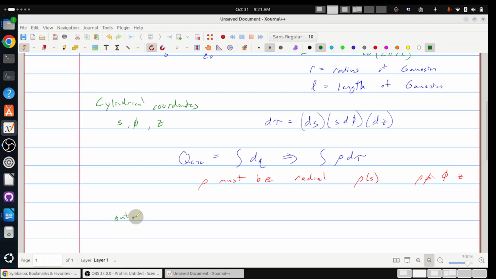If you are outside the cylinder, when we integrate from the center, where s is equal to 0, to the edge of the cylinder, which might be, say, at s equals capital R.